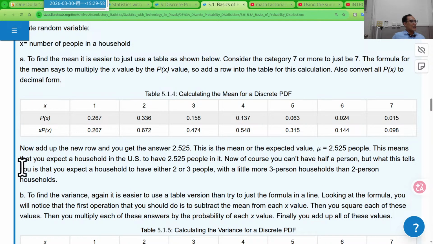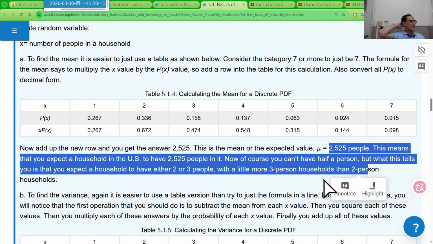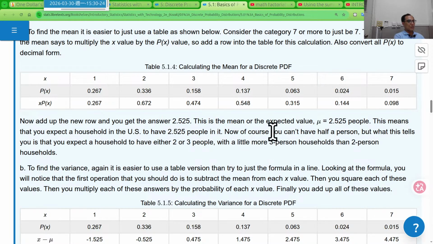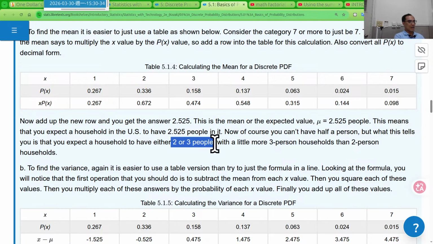Now add up all the new rows and you will get the answer 2.525. The mu is 2.525, and this means that you expect a household in the US to have 2.525 people. Of course, you cannot have a fraction of a person, but what this tells you is that the expected household has either 2 or 3 people.